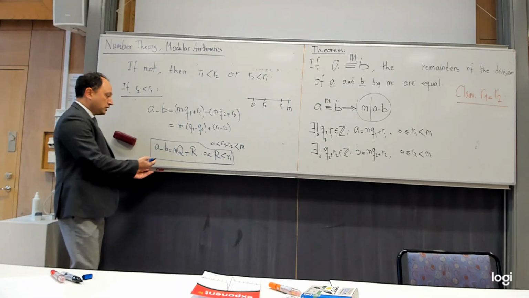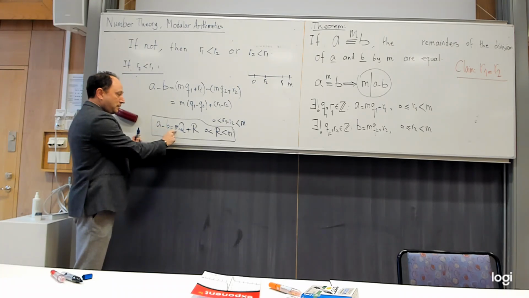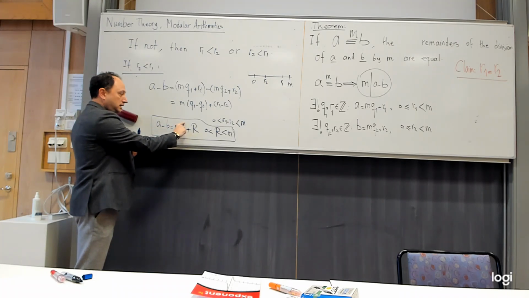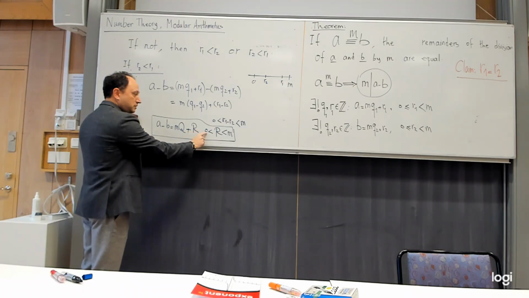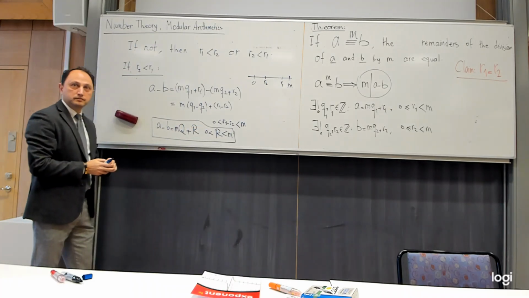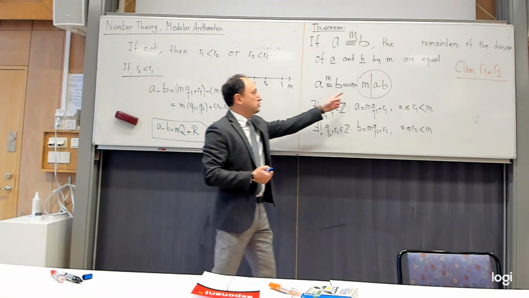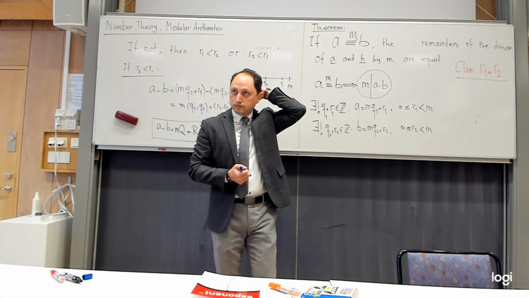Yes. Why? Because that is the division algorithm. You see, a minus b is m times an integer plus another integer, so that this integer is between 0 and m. So R is the remainder. But this is a contradiction. Why? Because the remainder is supposed to be 0.